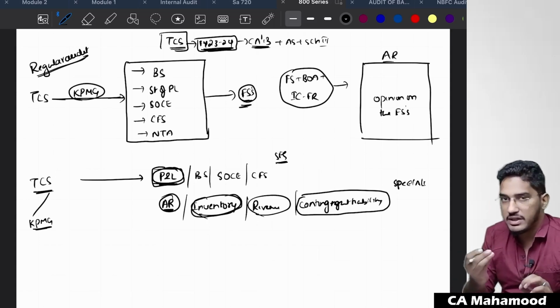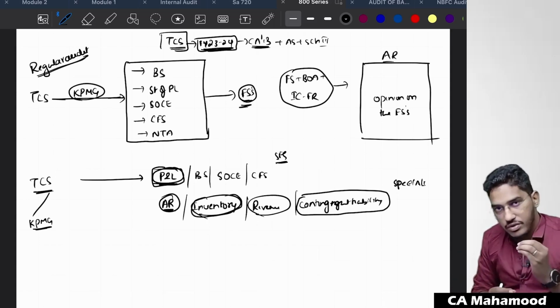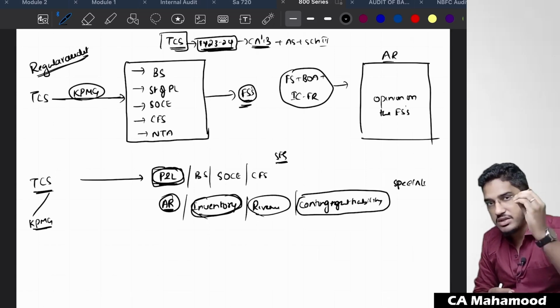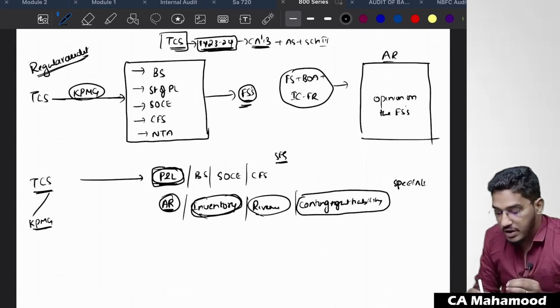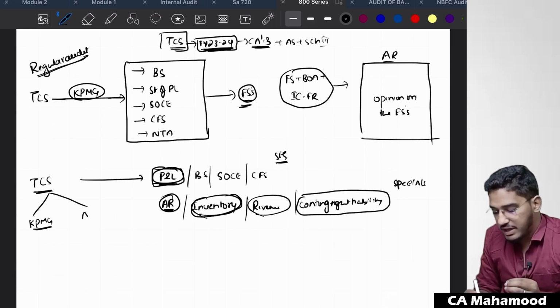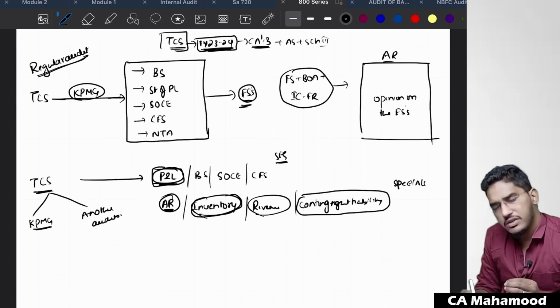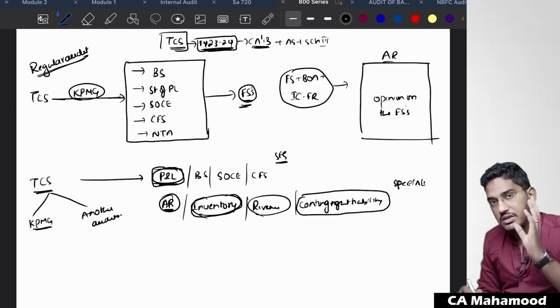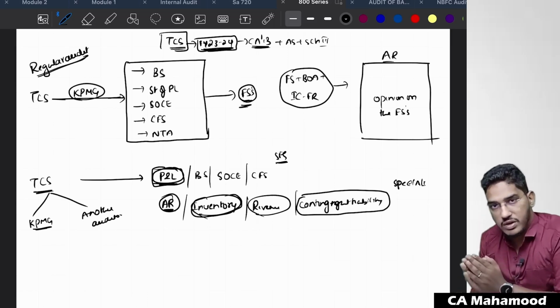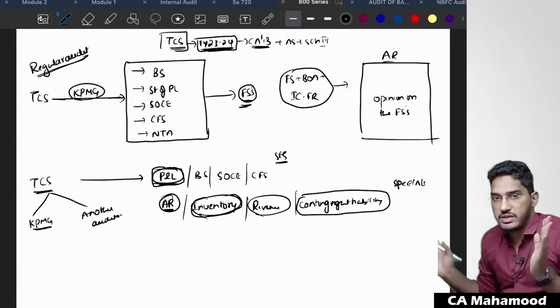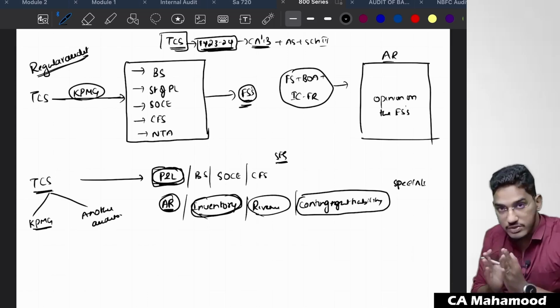So the company can appoint the same auditor who conducted the audit of the complete set of financial statements to conduct the audit of a single financial statement also, or TCS has an option to appoint another auditor also. Not just the auditor who has done the audit of the complete set of financial statements. Any other auditor also can be appointed to conduct the audit of a single financial statement. There is no objection to that.